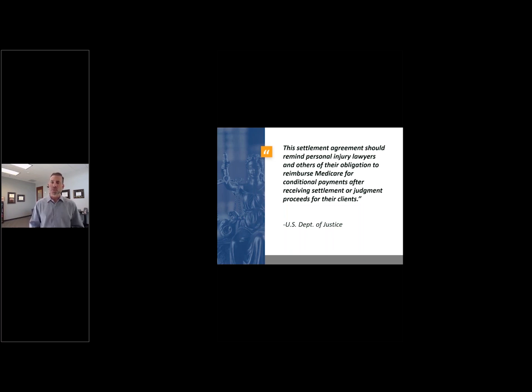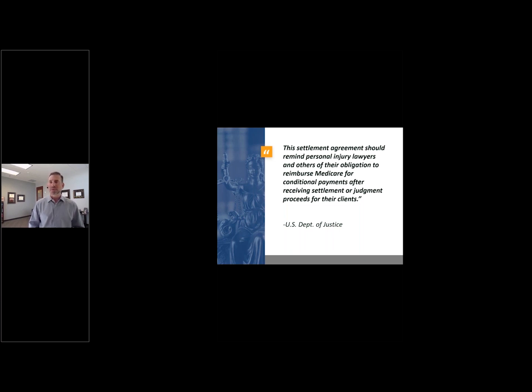It went on to say when an attorney fails to reimburse Medicare, the United States can recover from that attorney even if the attorney has already sent the settlement proceeds to the client. So the government is saying, hey, if you send the money to your client, doesn't matter, we're going to come after you, and we can come after you.